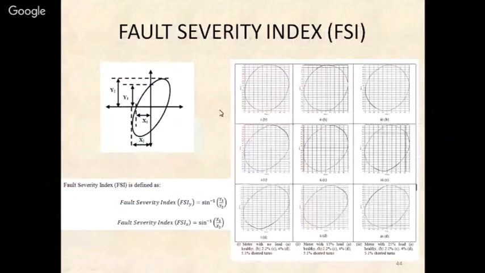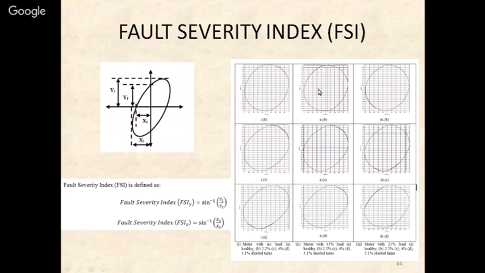So for a healthy motor, we can see we have a perfect circle, but in case of a faulty motor, in this case we have 2.2% of the turns being shorted in one phase. And as we apply the loading, this is for no load, this is for half load, and this is for heavy load.